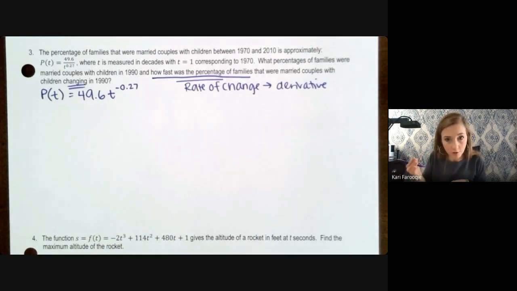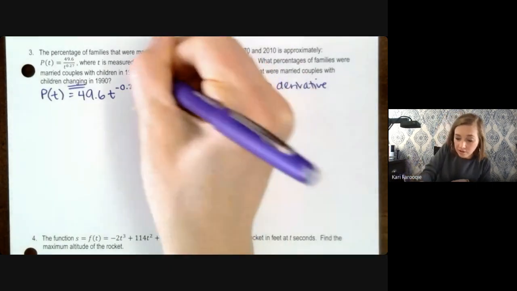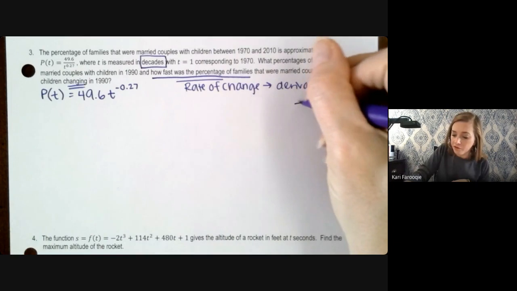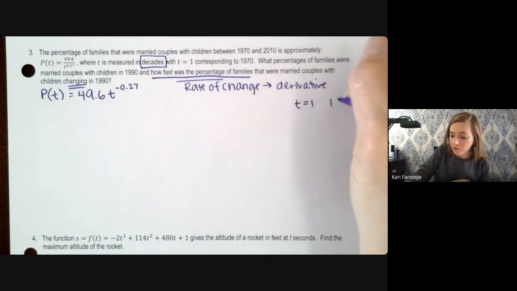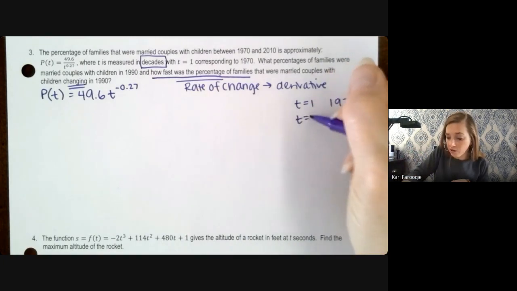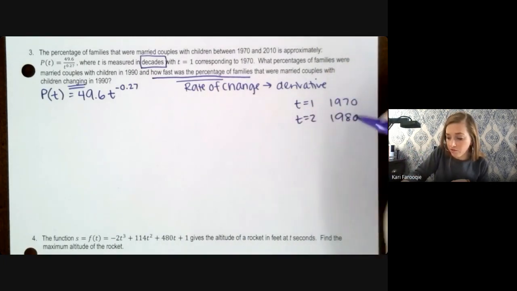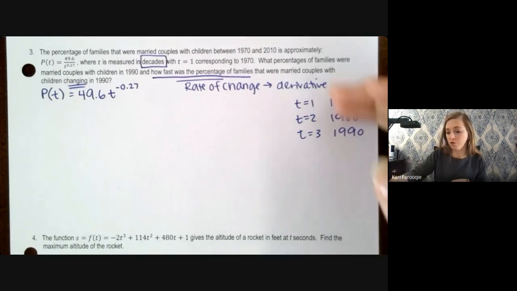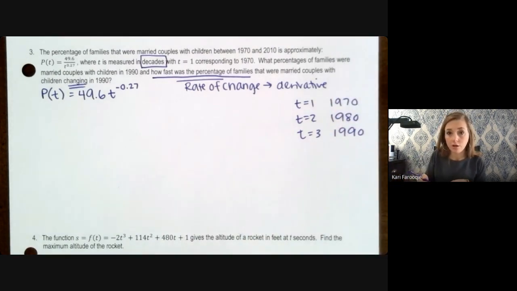T is not 21 because T is measured in decades. That matters. So if T equals 1 corresponds to 1970 and T is in decades, that means T equals 2 corresponds to 1980 and T equals 3 corresponds to 1990. This is a very common way that your book and WebAssign are going to be wording these problems. It's really important that we can interpret that information to come up with the quantity that we need for our variable.